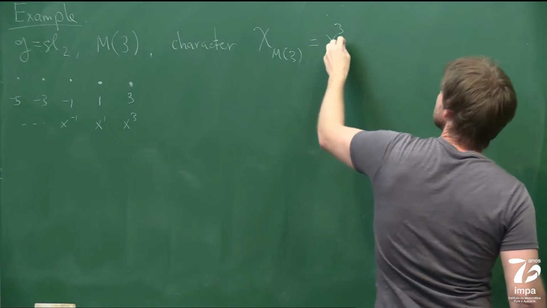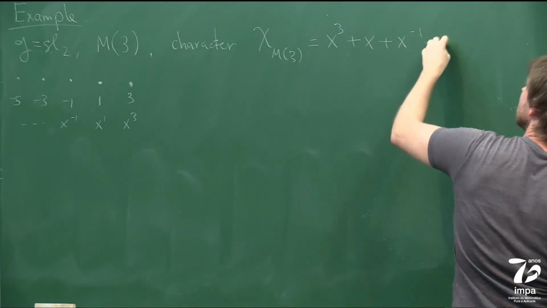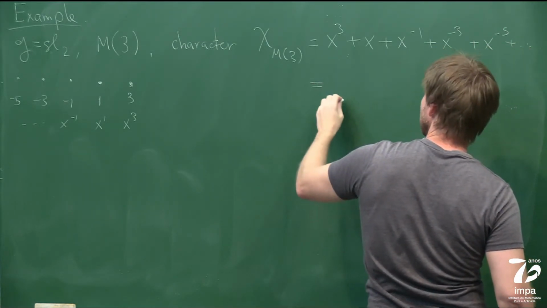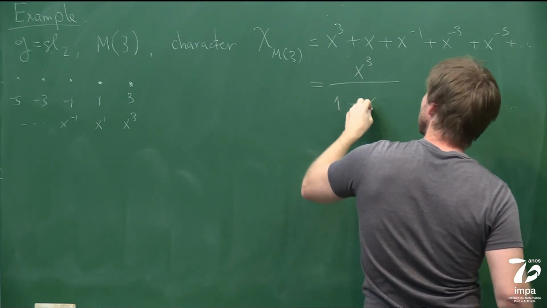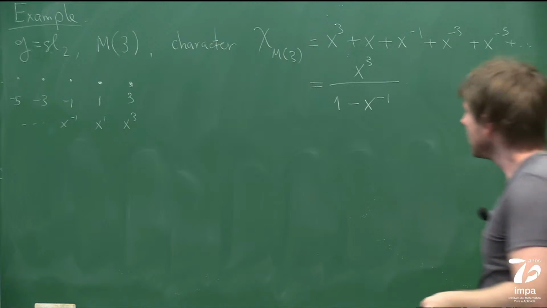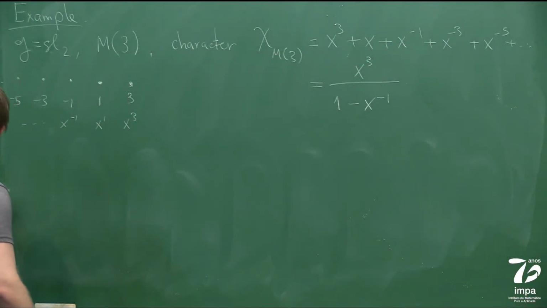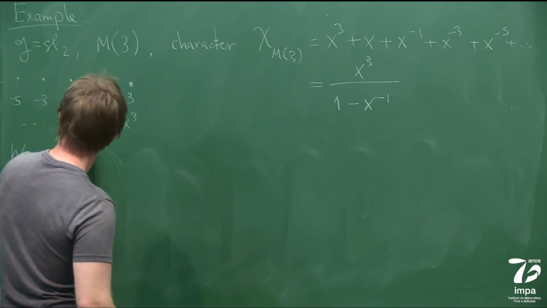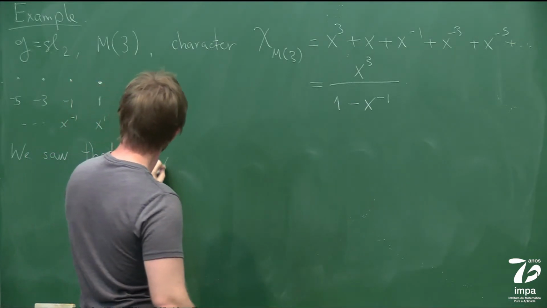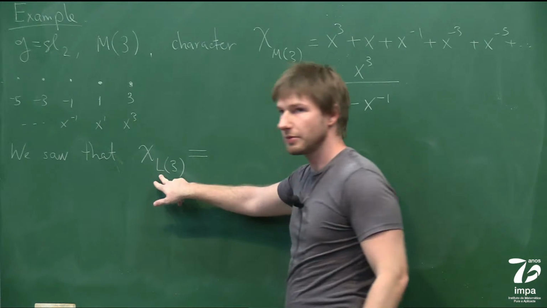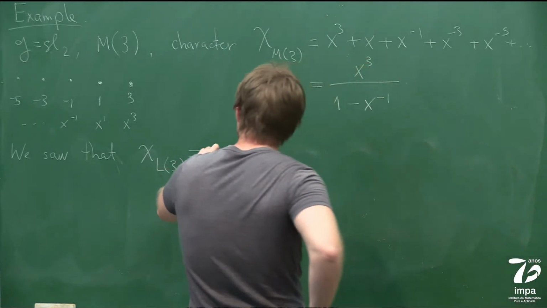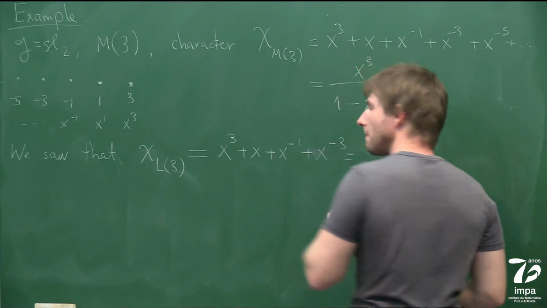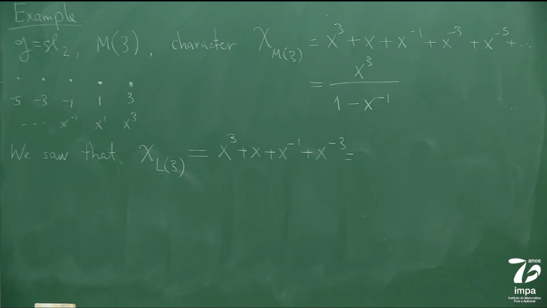Then the character is x cubed plus x plus x minus 1. We could rewrite this as a rational function like that. So the formal character. So we saw that the irreducible quotient, L3 of M3, had character x cubed plus x plus x minus 1 plus x minus 3, divided by 1 minus x minus 2.